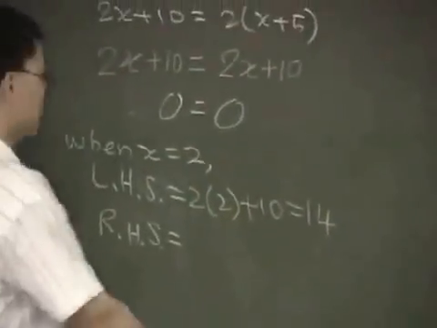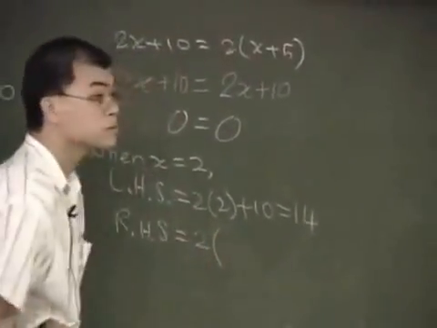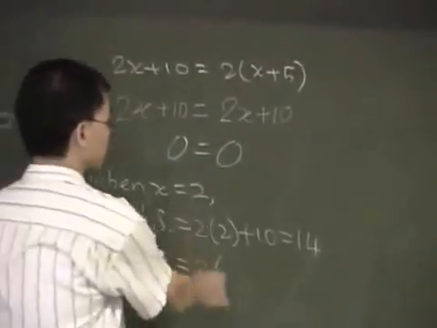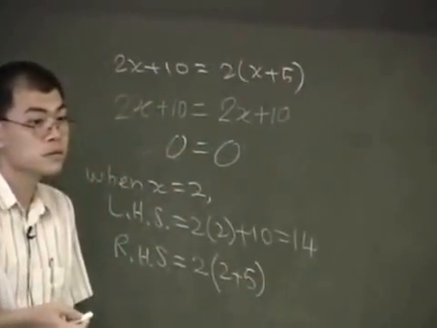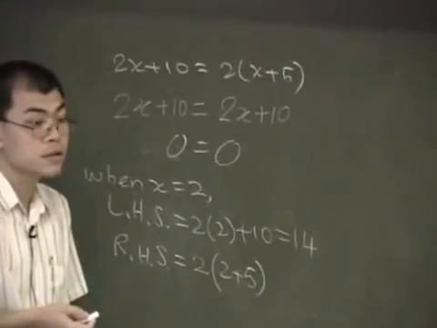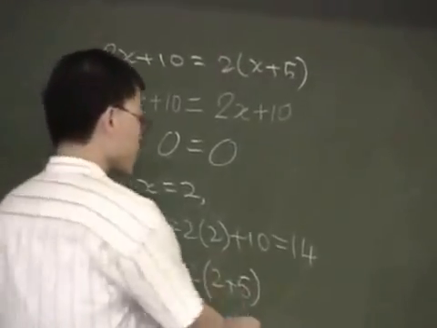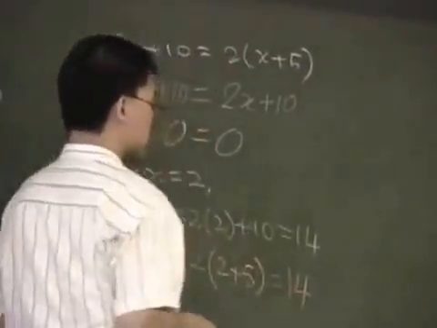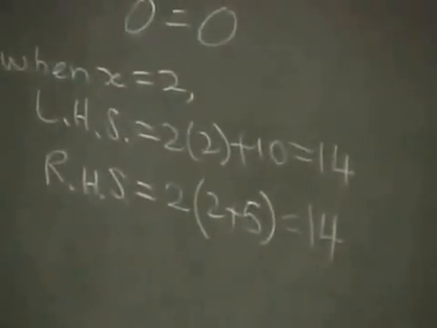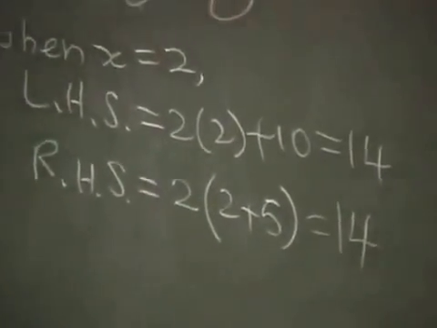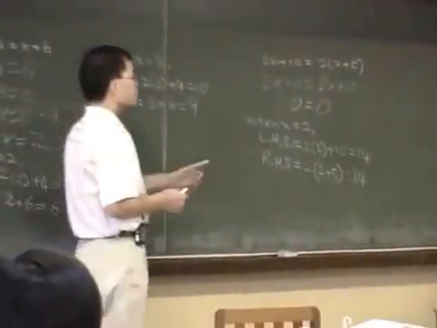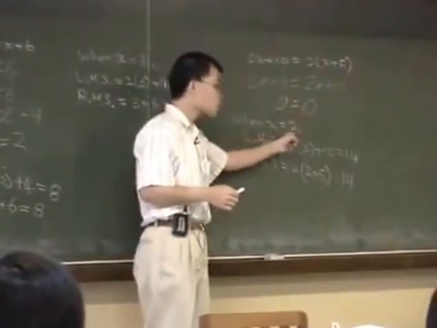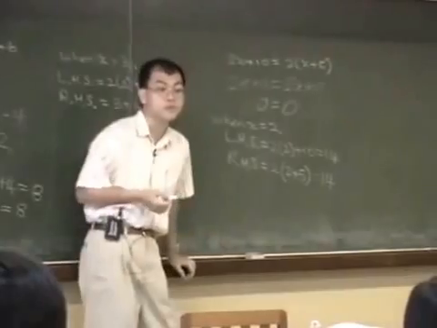Right hand side, 2 times x plus 5, 2 times 7. It is 14 again. Are the two sides equal? Yes. Left hand side equals right hand side. Therefore, even if I can't find the solution, in fact, 2 itself is one of the solutions.